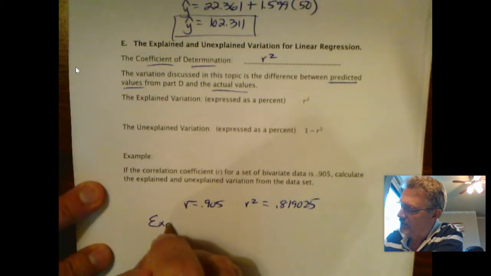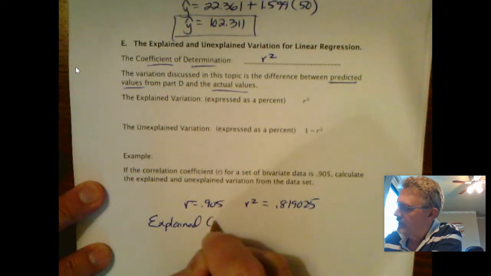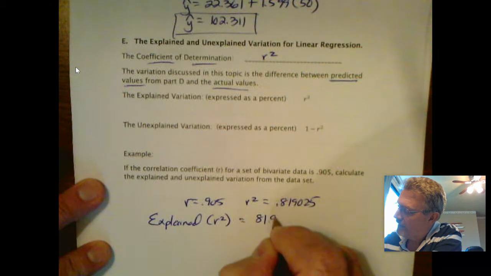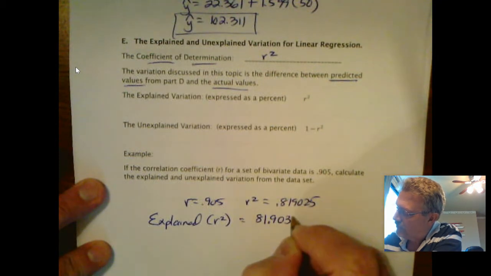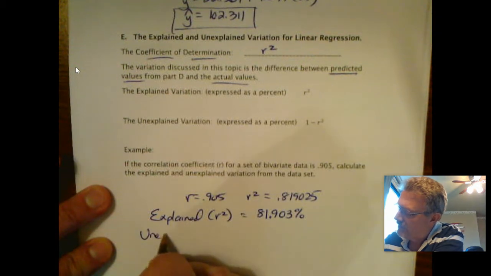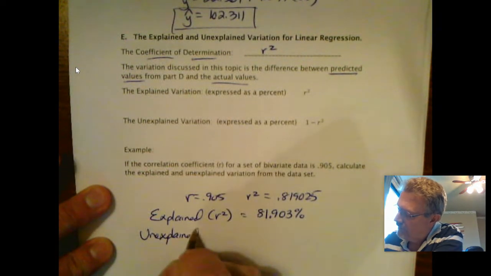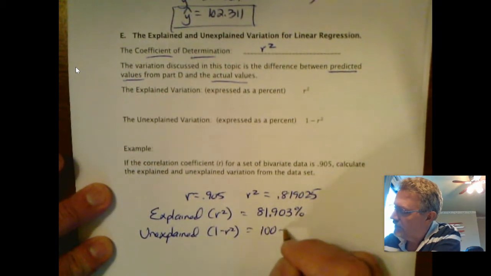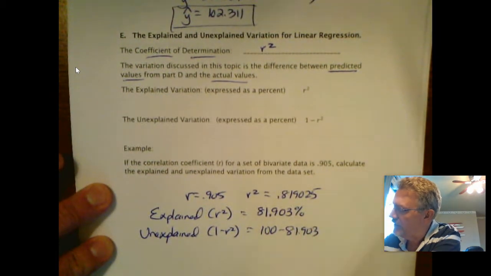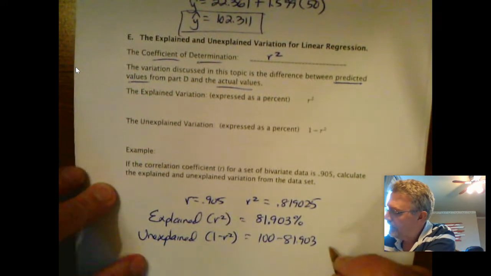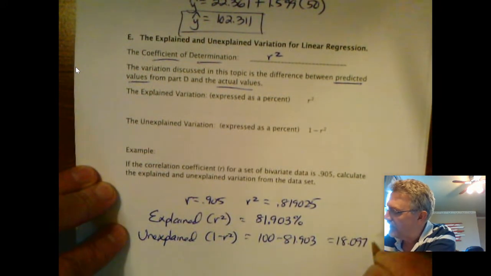The explained is r squared, which is 81.903%. And then the unexplained, 1 minus r squared, I'm just going to take 100 and subtract the 81.903. And I get 18.097%.